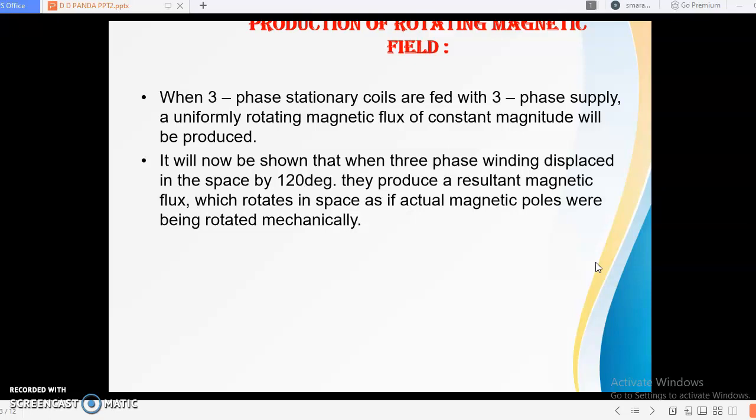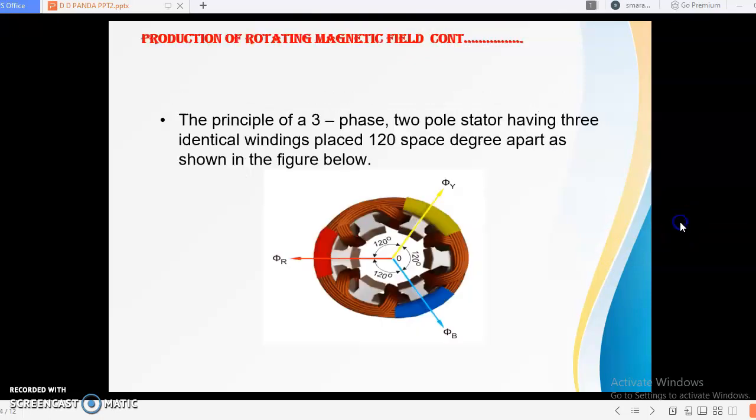So it is written three-phase winding is displaced in the space by 120 degree. They produce a resultant magnetic flux which will rotate in the space as if the actual magnetic poles were being rotated mechanically. But in fact, the resultant flux is the rotating factor which will rotate.